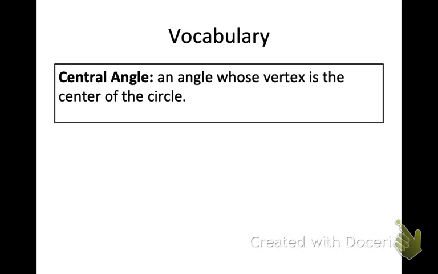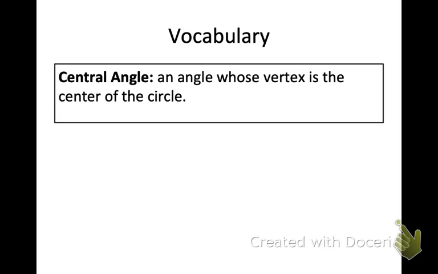Central angle. Okay, and your central angle is an angle whose vertex is the center of the circle.